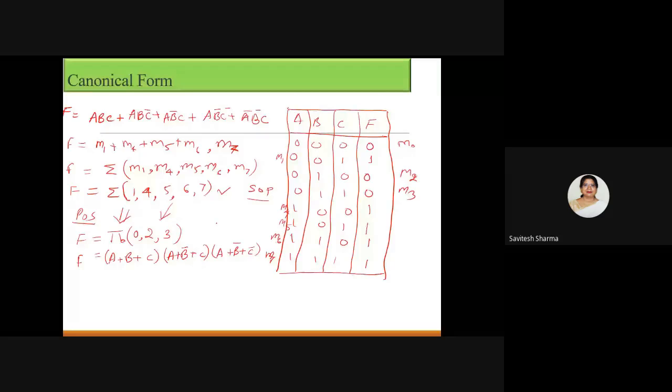Second, you learn how to write SOP form from the truth table, POS form from the truth table, and now you learned how to convert a Boolean expression into a SOP form and POS form, and how to write a truth table. So just the opposite, you also learned how to get a Boolean function from the truth table, and how to get a truth table from the Boolean function. So that is all for today.